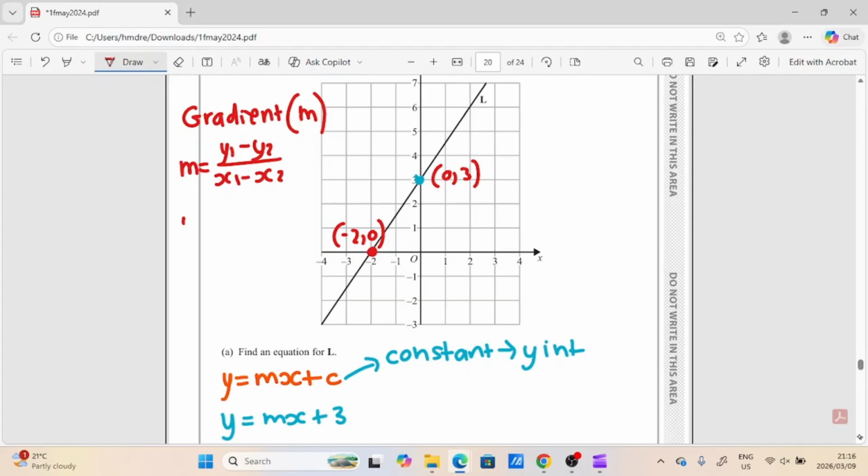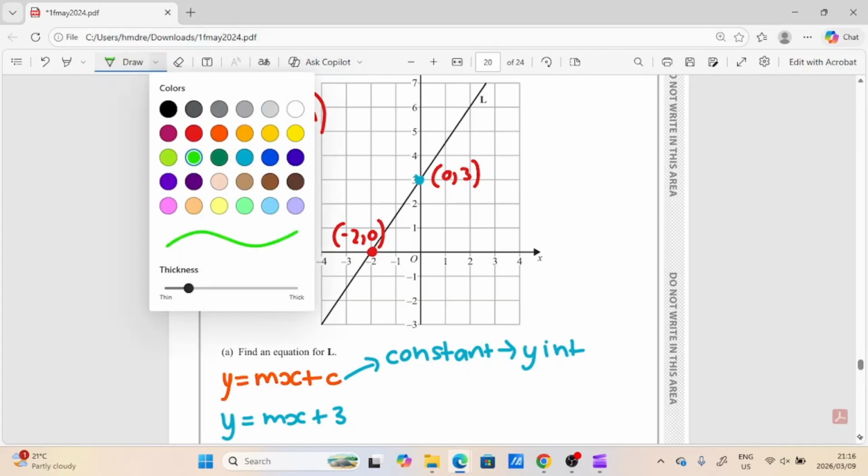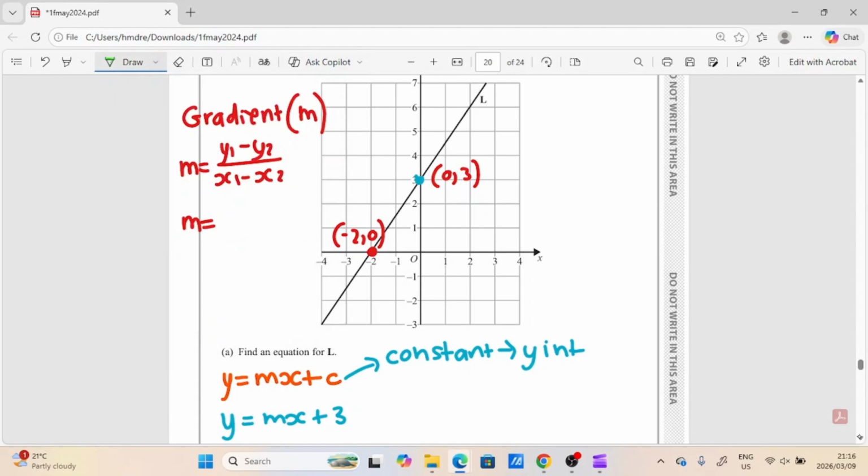So let's work this out then. If we sub in some values, let's say this is x1 and y1, this is x2 and y2, just so we know what we're working with.